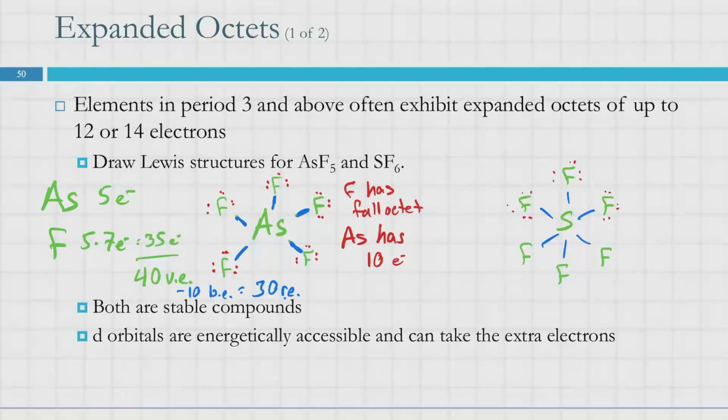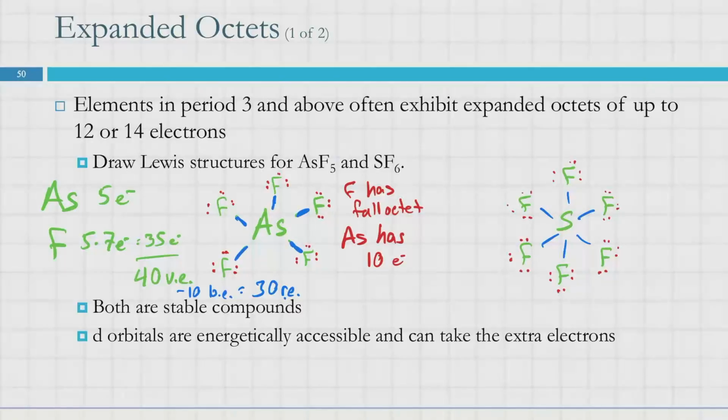All the fluorines get 6 electrons in lone pairs. And that should be our final Lewis structure. These are both stable compounds. These will just hang out, they'll exist. They don't decompose or just randomly disappear.